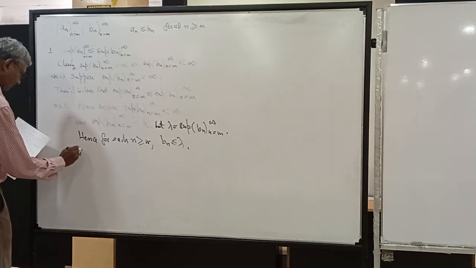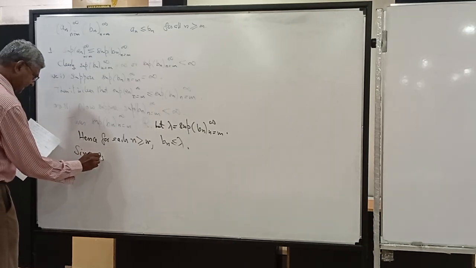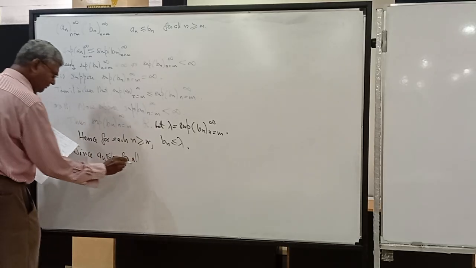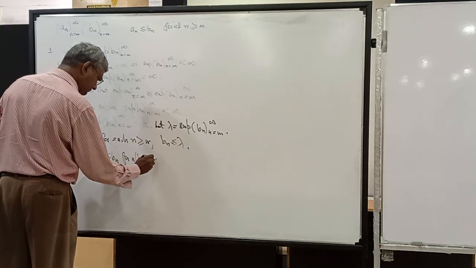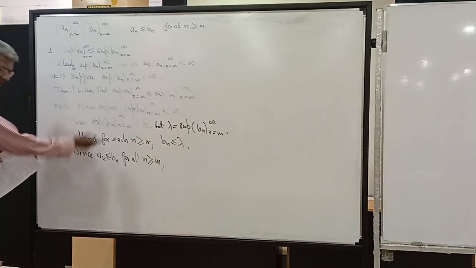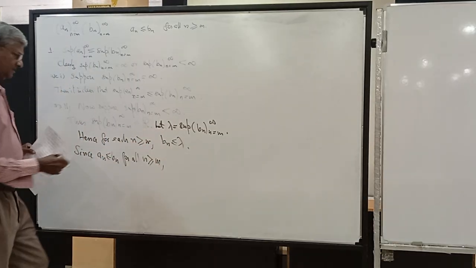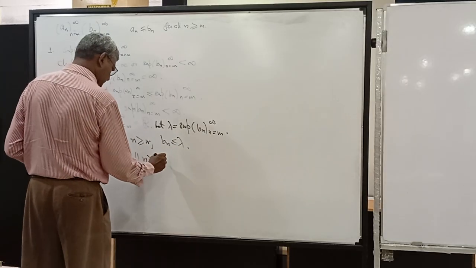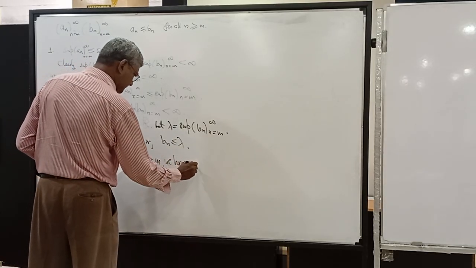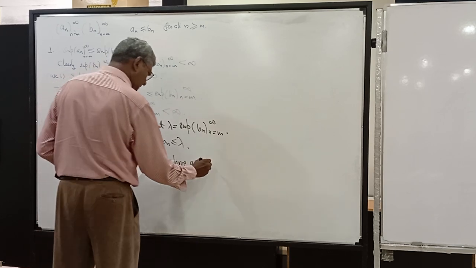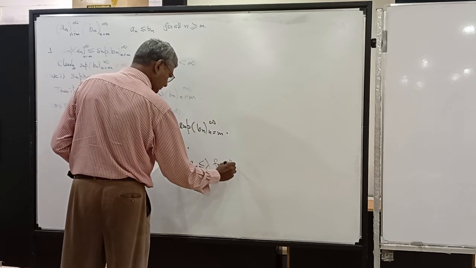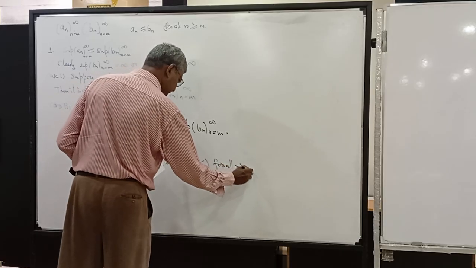Since a n is less than or equal to b n for all n greater than or equal to m, if b n is less than or equal to lambda, then a n is less than or equal to lambda right away. We have a n less than or equal to lambda for all n greater than or equal to m.